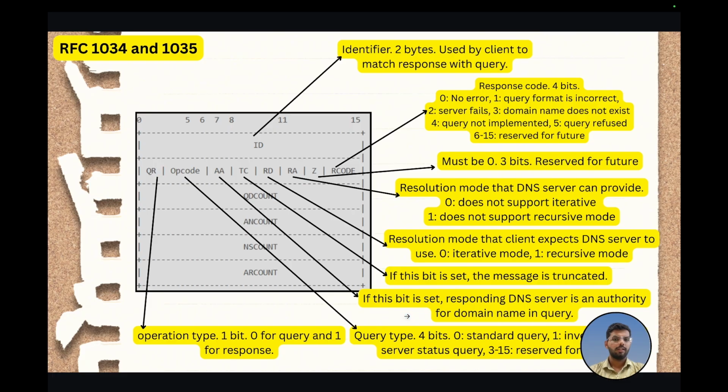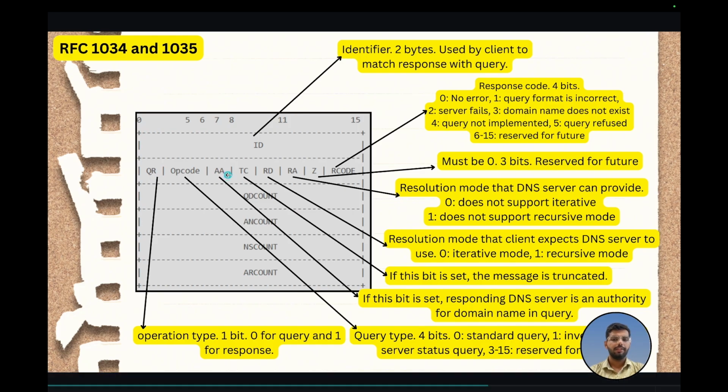The length of this field is 4 bits. 0 means standard query, which means DNS domain name to IP translation. 1 means inverse query, which means an IP being translated to a domain name. 2 means server status query, which means whether the DNS server status is fine or not. And 3 to 15 are reserved for future use. That's how this field is interpreted.